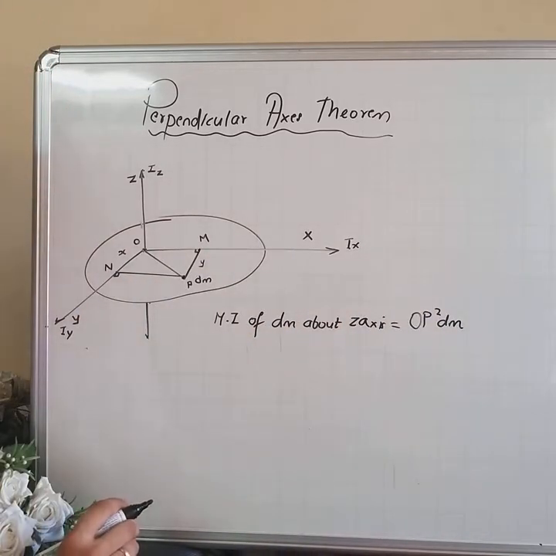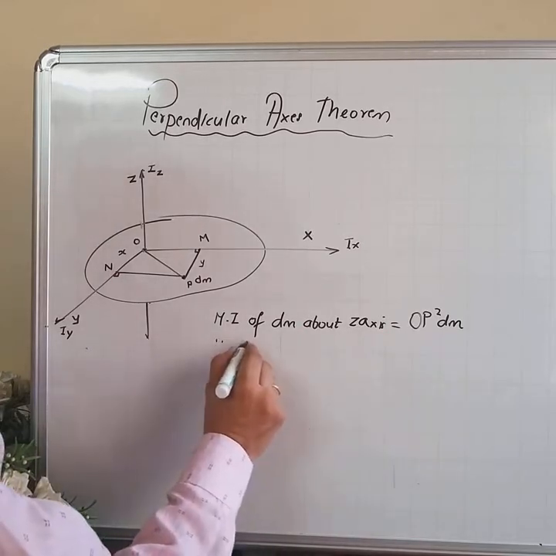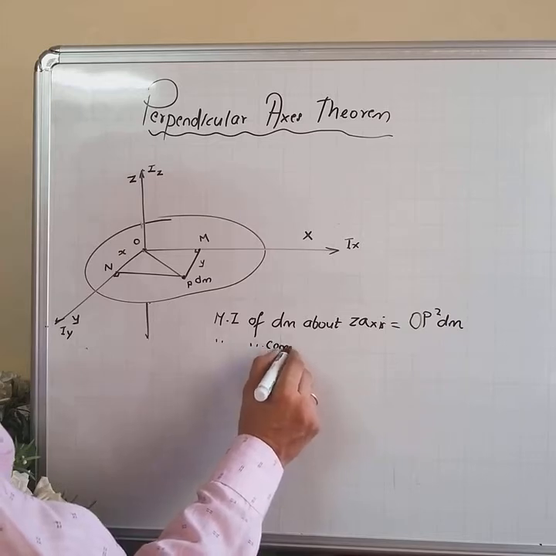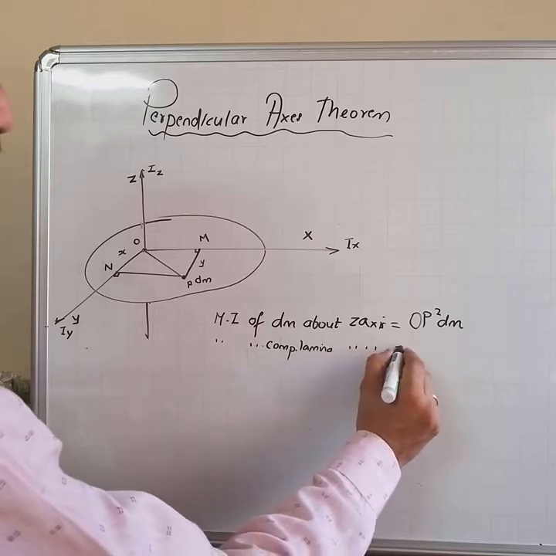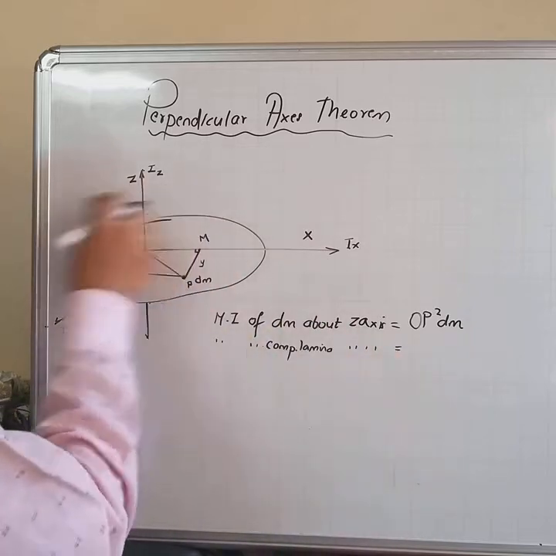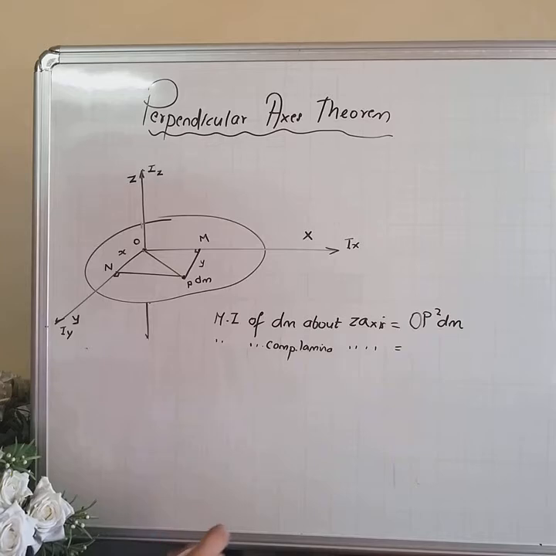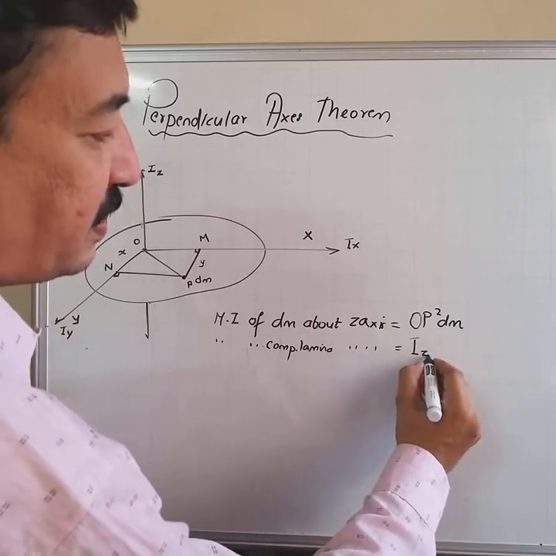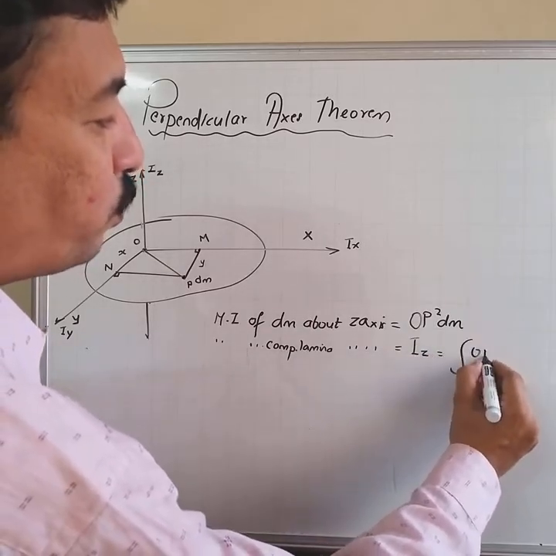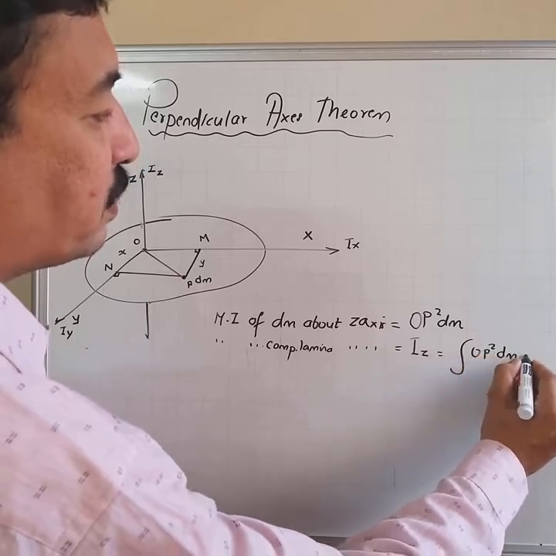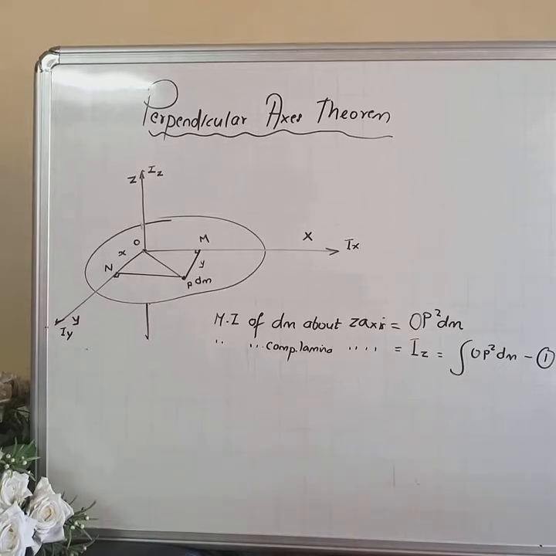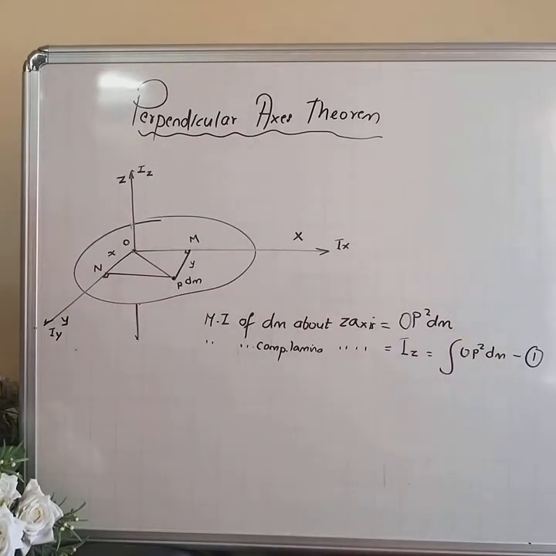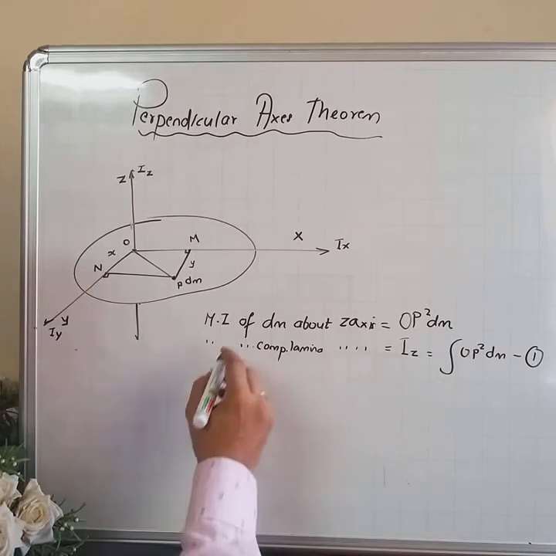Is it clear? Now if I want to find the moment of inertia of the complete lamina about the z axis, we can integrate this. I'll write Iz equal to the integration of OP square dm. This I call equation 1. Hope this is clear.